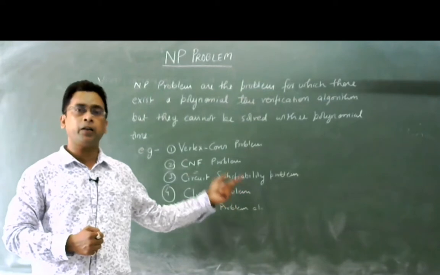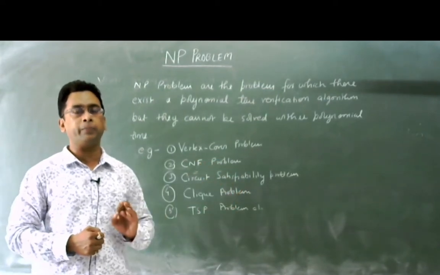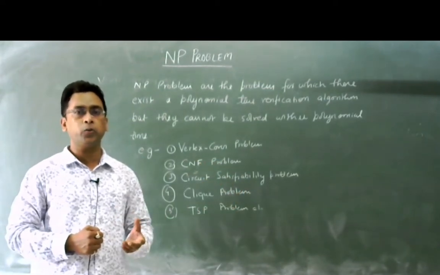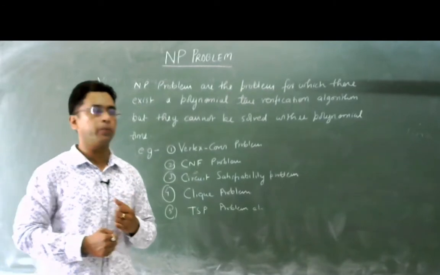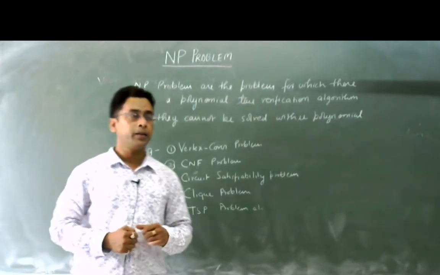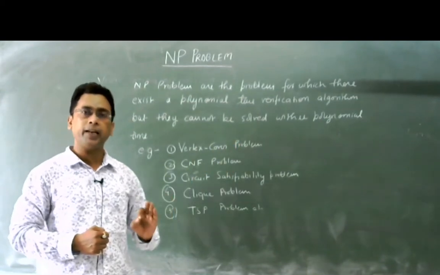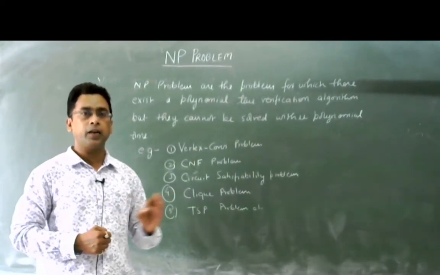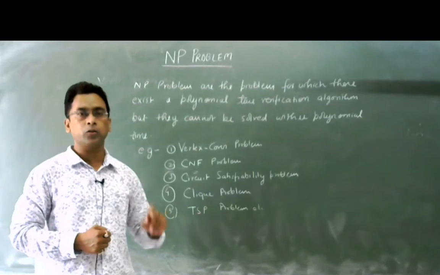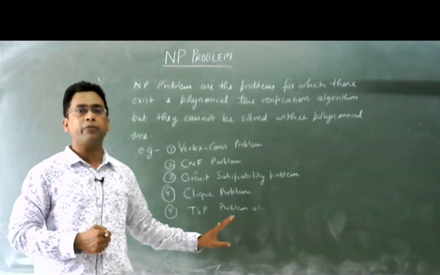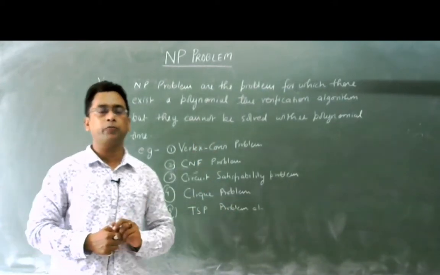It doesn't mean that you cannot solve that problem within polynomial time, but there is no guarantee that you can. But you can verify a given output, whether it is a solution or not. So this is the simple definition of the NP class of problem.